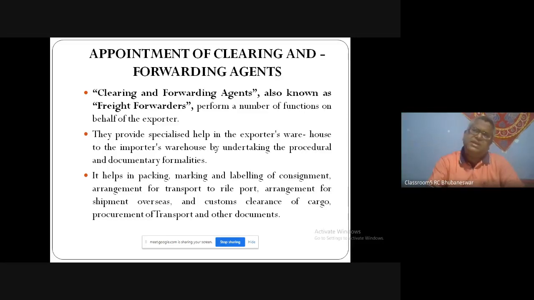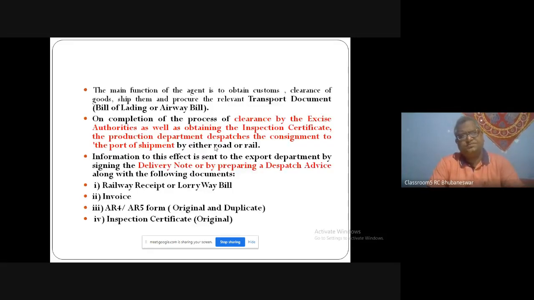It can be clearly stated as clearing and forwarding agents, or you may call it a freight forwarder. There are a number of functions. He does labeling, packing, consignment arrangement, and port or shipment clearance. So all documentation can be done by the third party. He is just like an agent.